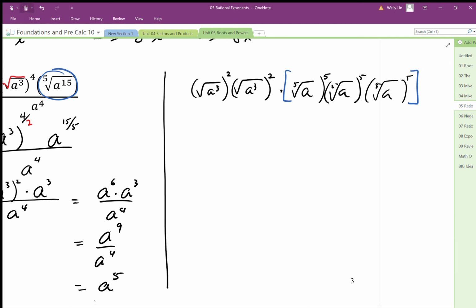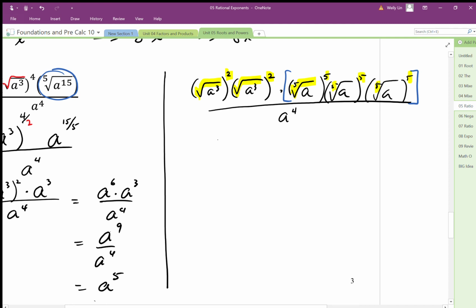What I've done then, and I'm just going to make sure I don't forget my a to the power 4. This one's a little bit harder to do, I think, so maybe exponents might be easier, but what we're doing then is we're going to just say that this power and this root undo each other. This power and this root undo each other. So I'm just going to highlight that. So what do I have left?